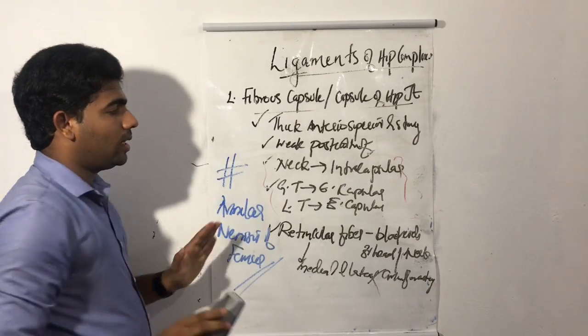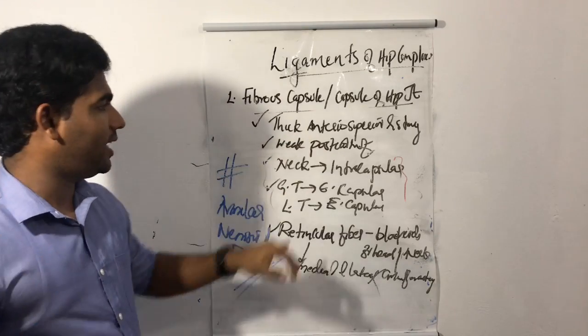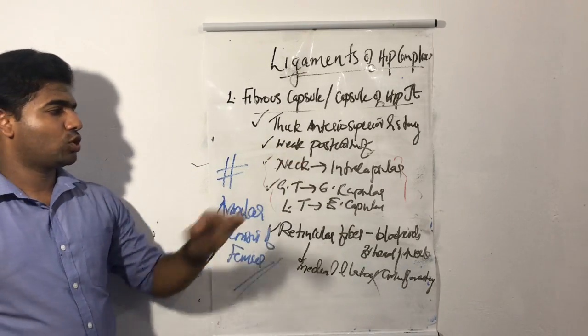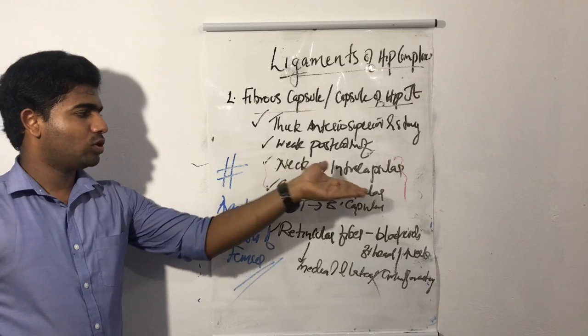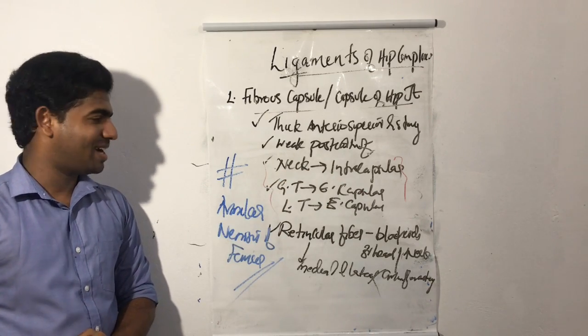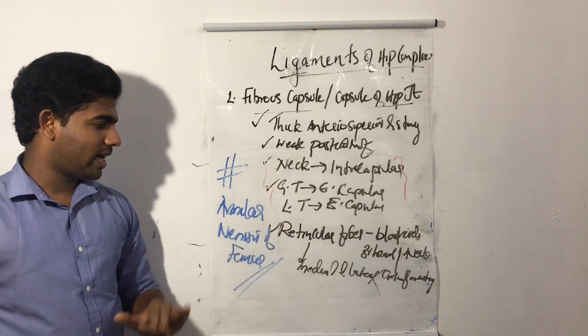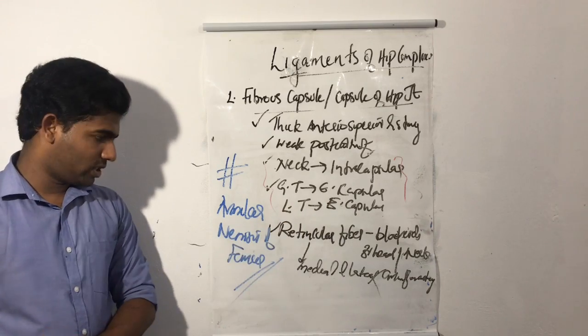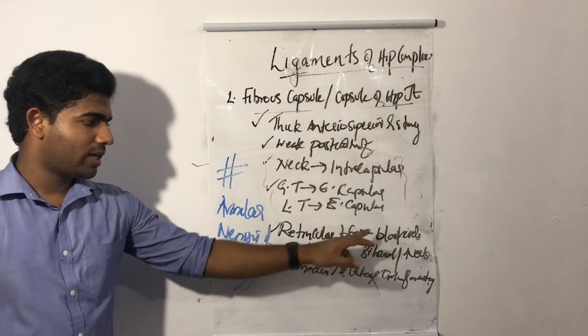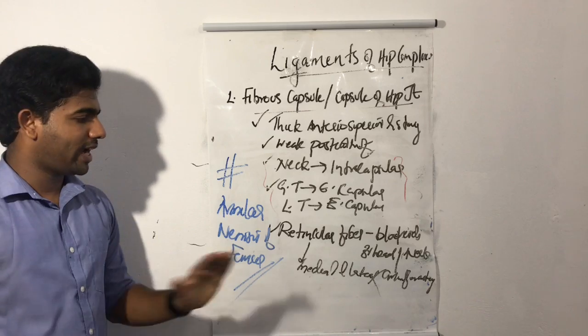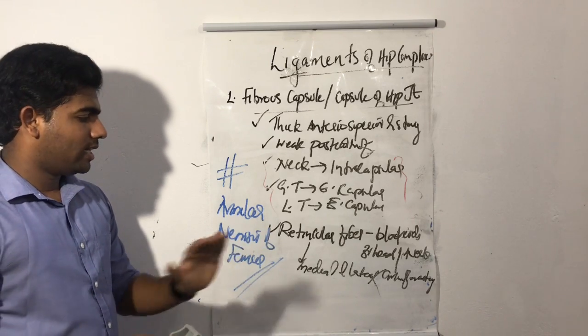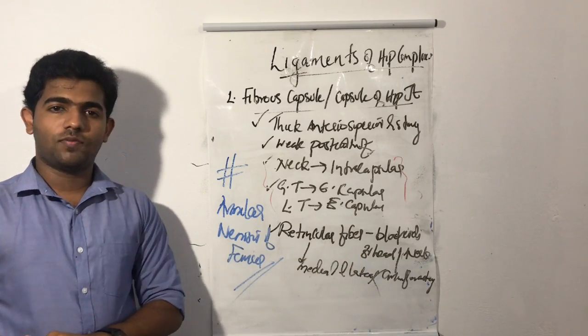That is, it is thick anterosuperiorly and strong, weak postero-inferiorly. The neck of the femur is intra-articular, the greater trochanter is extracapsular, the lesser trochanter is extracapsular. There are some retinacular fibers that transmit the blood vessels to the head and neck, and they arise from the medial and lateral circumflex arteries.